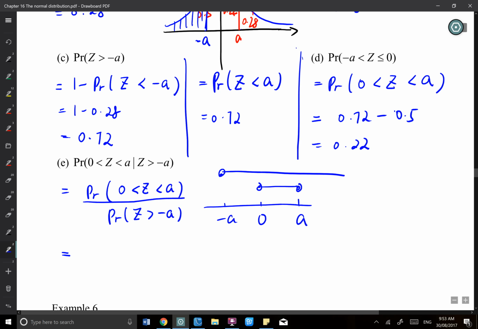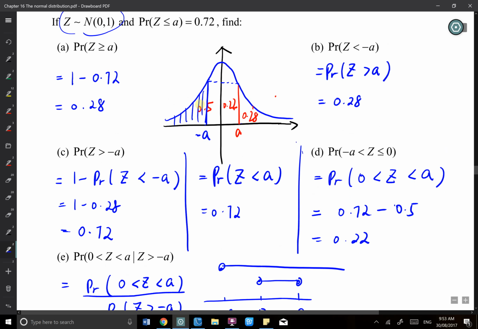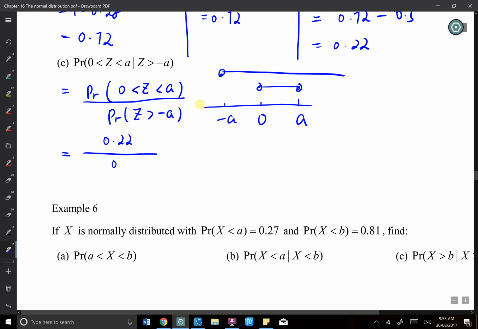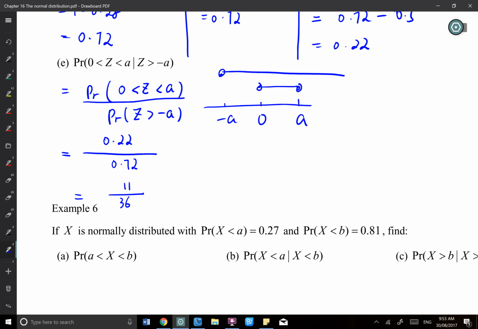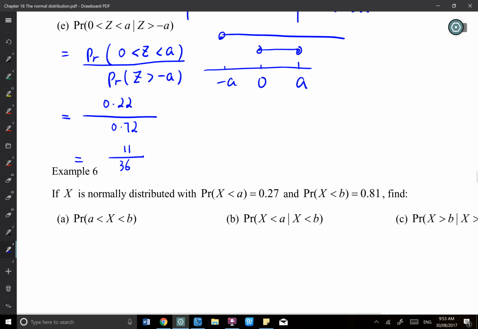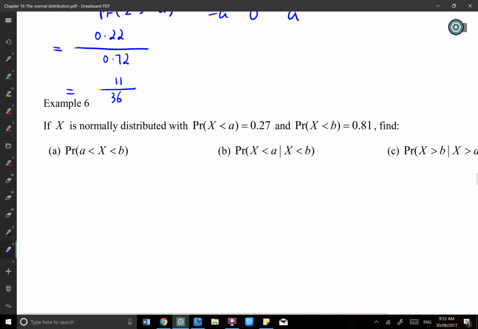Between 0 and a is 0.22, divided by greater than negative a, which is the same as less than a, 0.72. Dividing gives 11 over 36. Keep this number in exact form, unless the question asks you to put it into decimals.